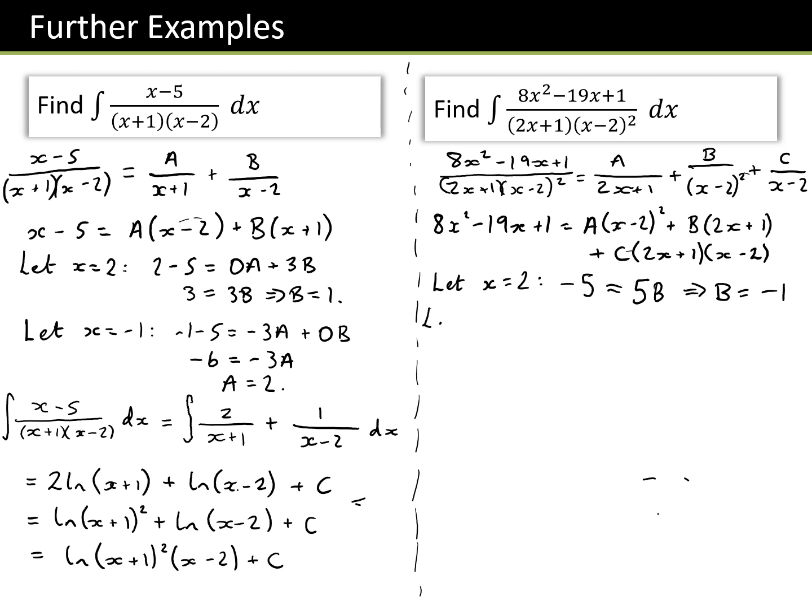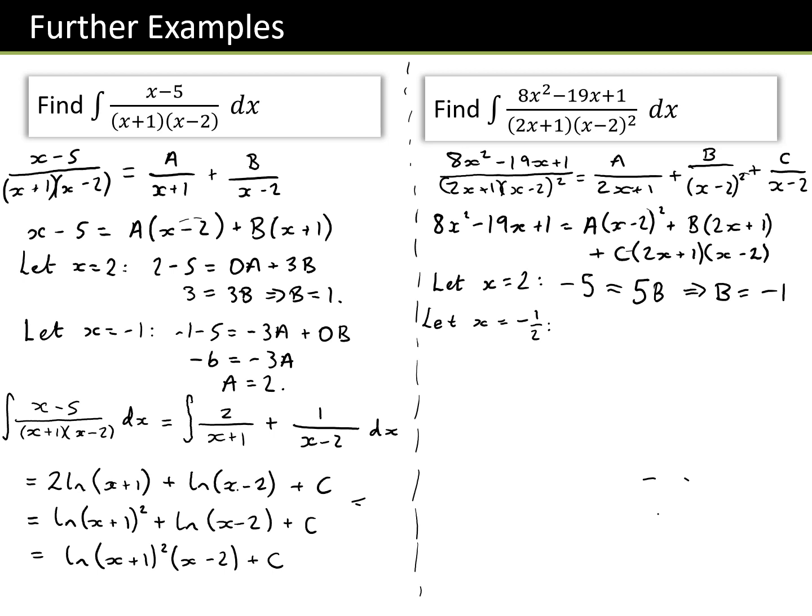Let's let x equal something else. So we've let x equal 2, so this disappears. What if we let x equal minus a half? Okay, now the B's will disappear, the C will disappear, but we'll get an A, won't we?